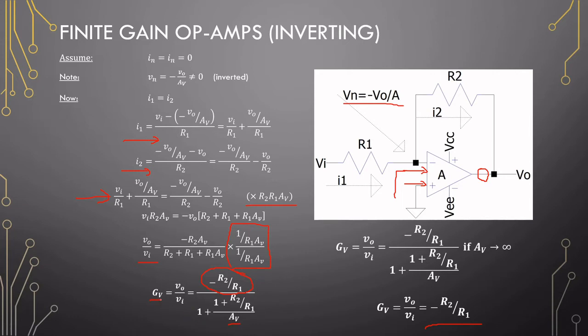So this is called GV in our equations, the gain that you want with your feedback resistors, and AV is the op-amp's gain. Okay, so if you take this equation and you make AV infinite, like the assumption said for the gain, then you will find that you are back at minus R2 over R1. So this equation right here is the one that we use when an op-amp has finite gain.